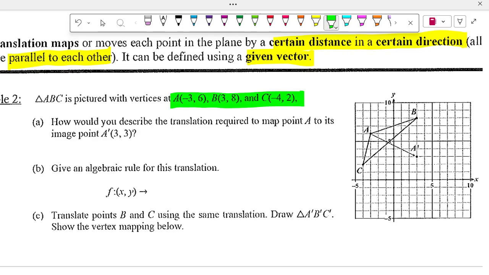First off, what I want you to figure out is what did they do to go from A to A prime? The translation, obviously, but what would be a good strategy to figure it out? Make a triangle under the vector line. Yeah. So in other words, do rise over run. Take a minute, figure out how you go from A to A prime, and write it down. Just the written rule.